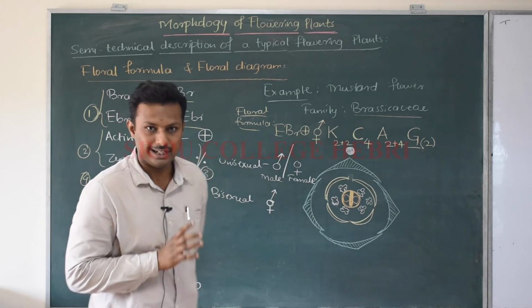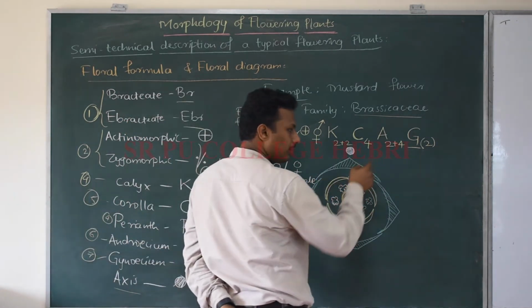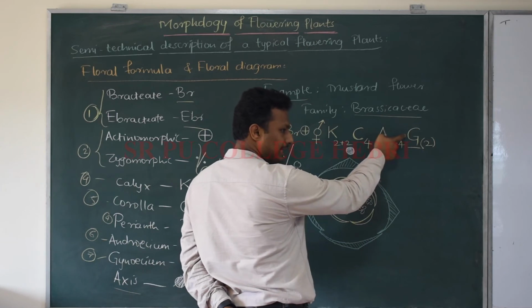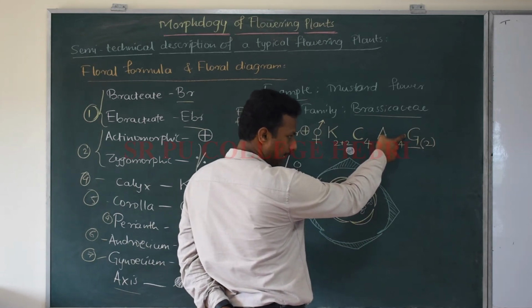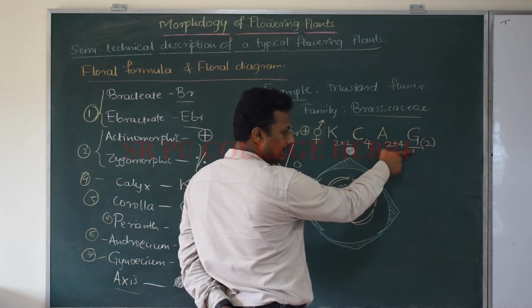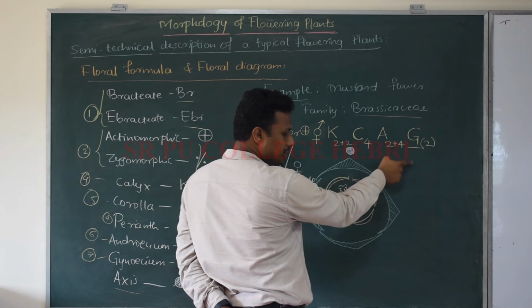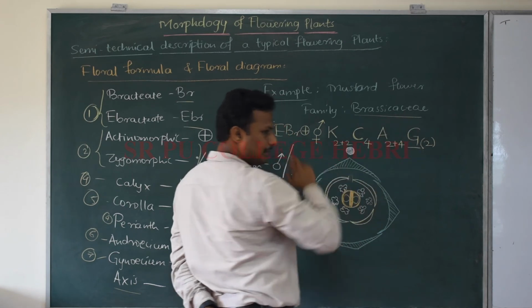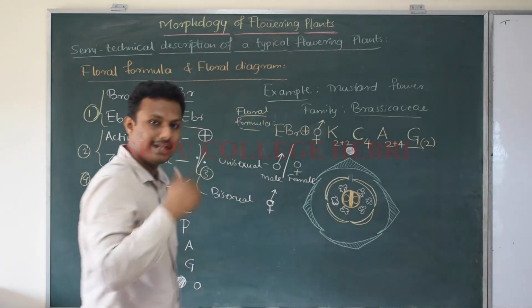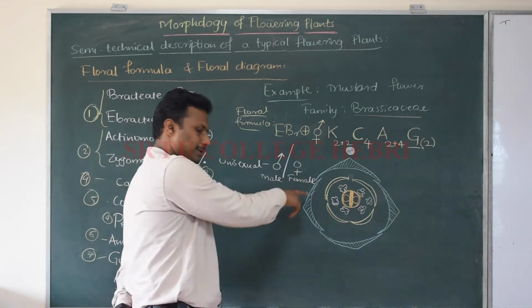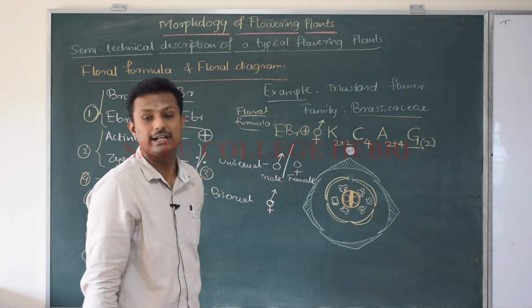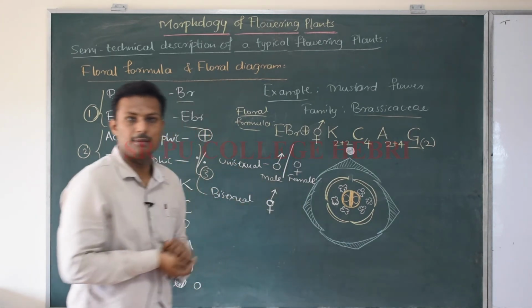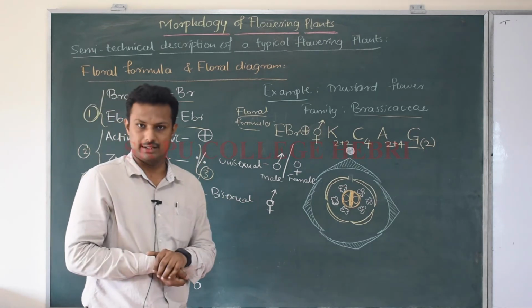Superior or inferior ovary can be represented only in the floral formula by drawing this line. If you draw the line below G, it becomes a superior ovary. If you draw the line above G, it becomes an inferior ovary. There is no indication of superior or inferior ovary in the floral diagram. Okay, so this is about the floral formula and floral diagram, right?